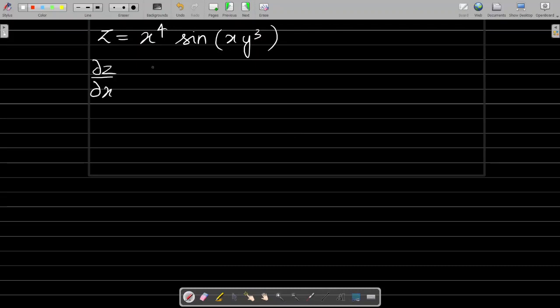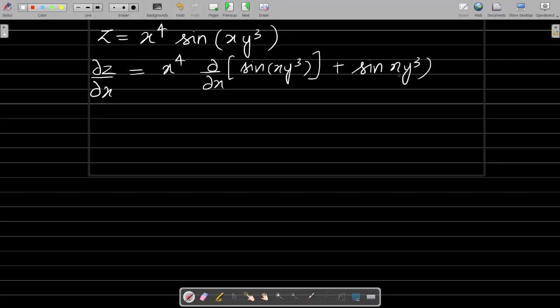I'm partially differentiating with respect to x, so I'll have to use the product rule. So it is x raised to 4 into dou by dou x of sine xy cube, plus sine xy cube into dou by dou x of x raised to 4.